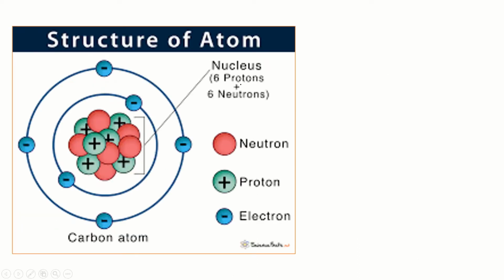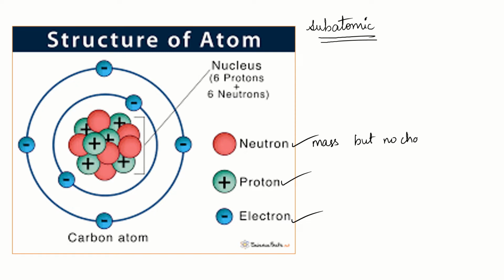When we come back to the structure of the atom, we will just see something that we have already discussed: the subatomic particles, neutron, proton, and electron. This is a carbon atom, and you will see that there are 6 neutrons and 6 protons. Now neutrons carry mass but no charge. Protons carry mass and also positive charge.